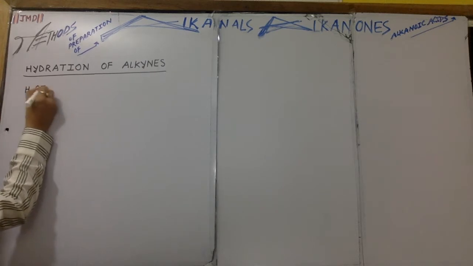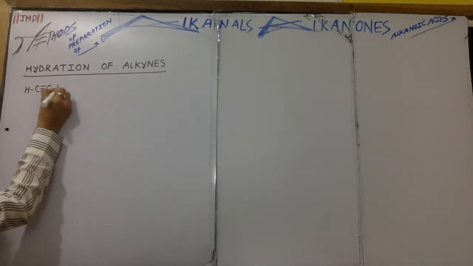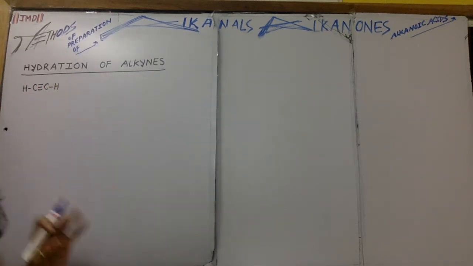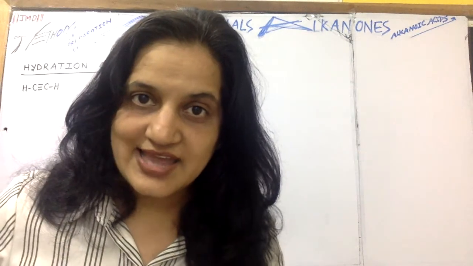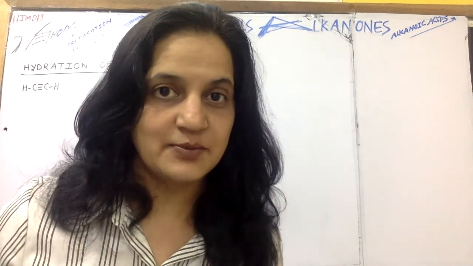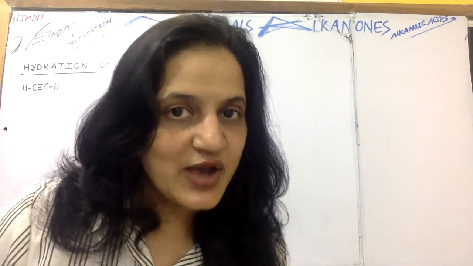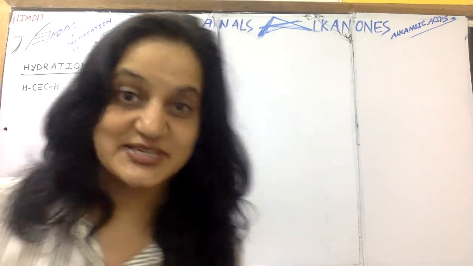I'm taking an example directly. This is just a revision of what we have already done in 11th standard, in the topic alkynes in the state board and the topic hydrocarbons in the NCERT board.